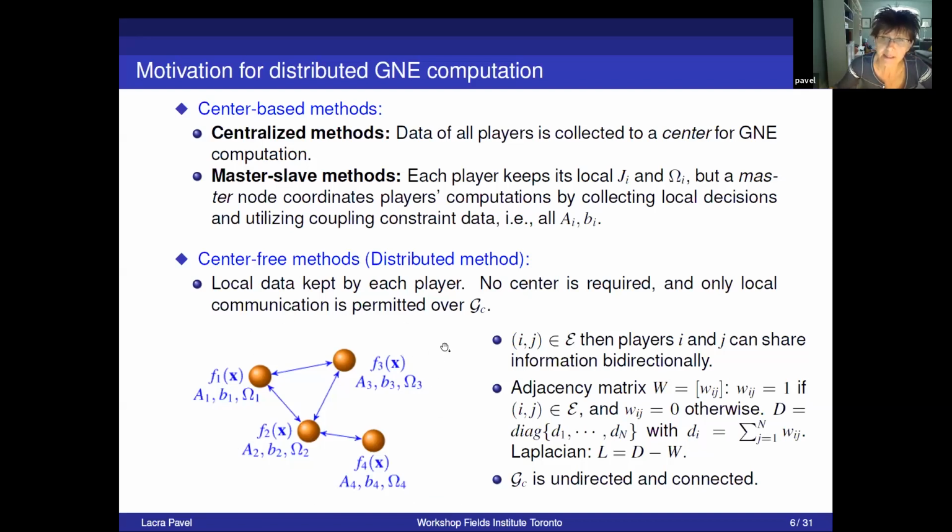The players can share information bidirectionally. This means that one has to involve communication graphs described in terms of adjacency matrix, incidence matrix, and so on. The main condition for this communication graph is that it has to be connected. The simplest one is to assume that it is undirected, and this is what I'm going to assume here.